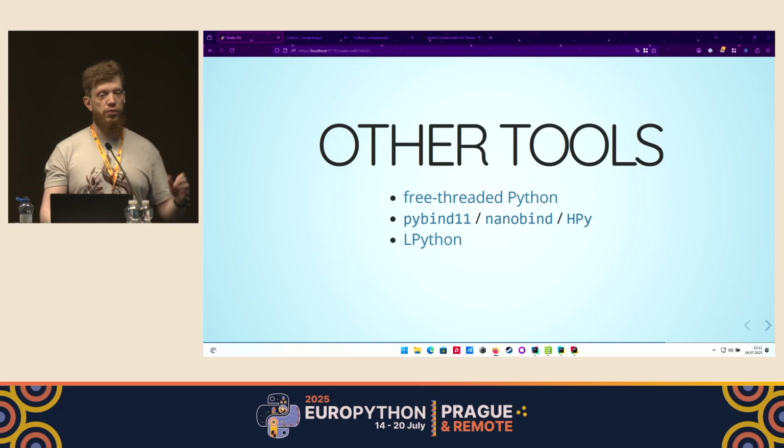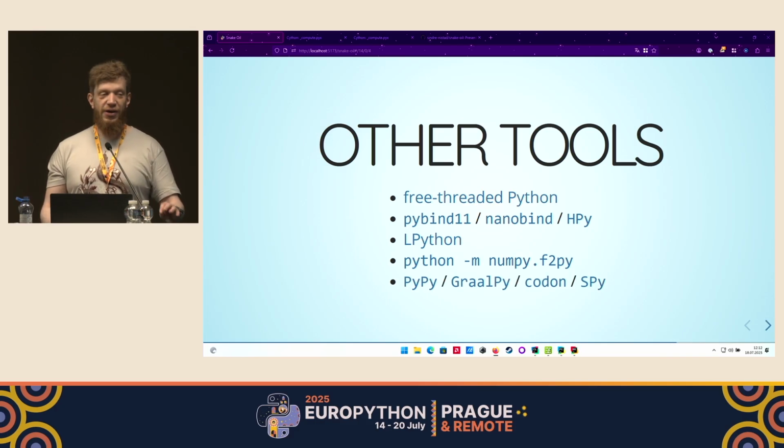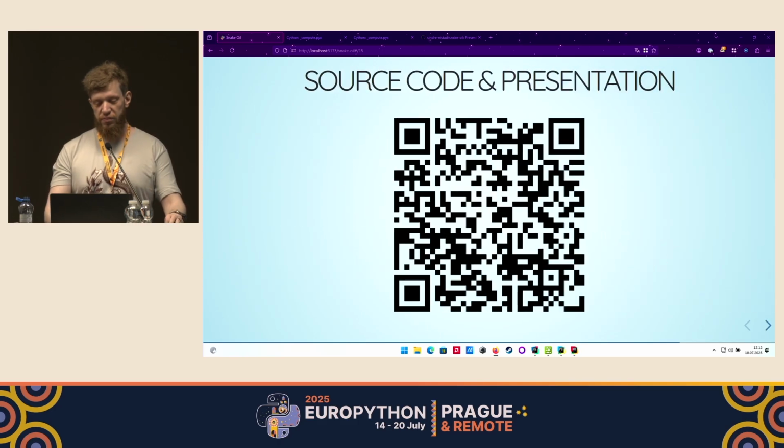There's LPython, which is an LLVM, not LLM, because that would be quite different, implementation. You can also write Fortran if you're so inclined. And there are other implementations like PyPy, Graal, Codon, and so forth. And that's all.